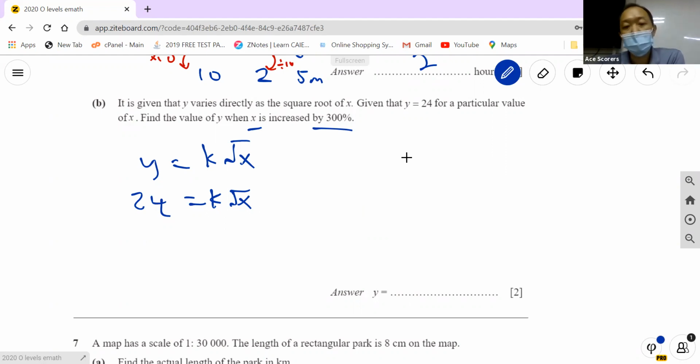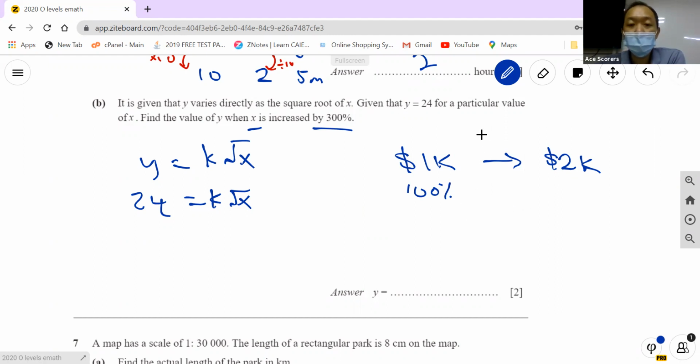Increased by 300%. Let's say you earn $1,000 a month. Your employer increases your pay by 100%. You earn 2,000, correct? Because this is the 100%. Got it? You increase by 100% and become 2,000.